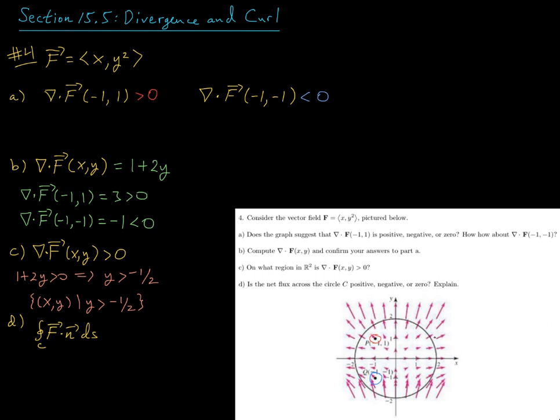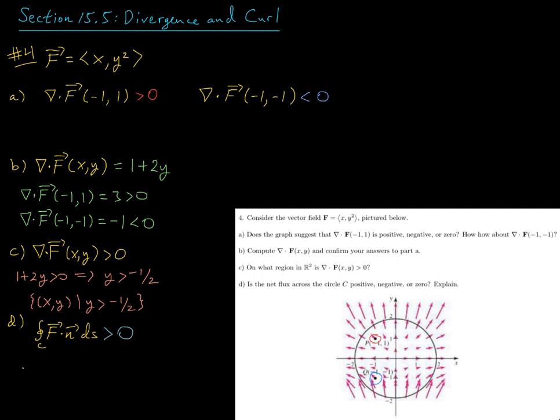If I imagine this is describing the velocity of some fluid flowing throughout the xy plane, are we going to be seeing greater outward flow or inward flow? We definitely see some inward flow down here across the boundary. But when we're above the line y equals -1/2, all of this contributes positive flux, outward flow up here. And that's definitely going to outweigh the inward flow down here. So this should be positive.